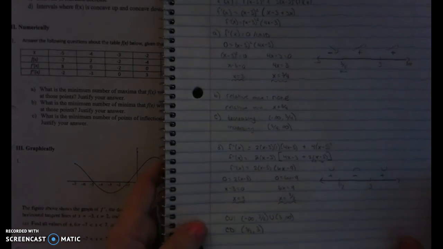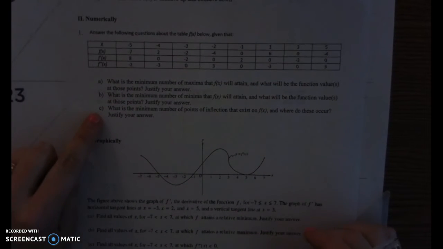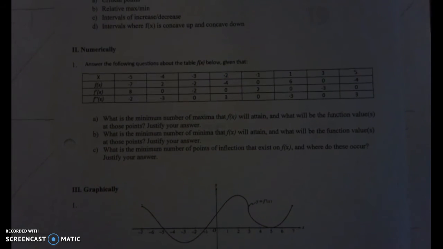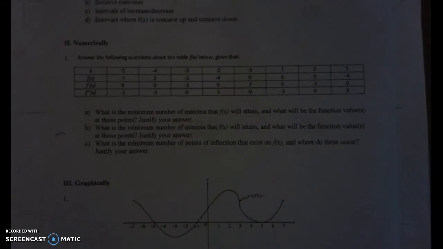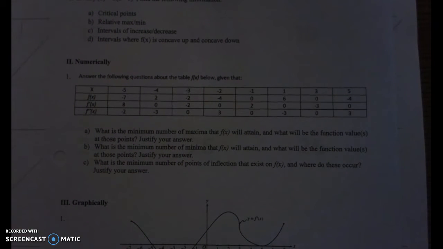Now what we're going to do is look at the second part of this, which is numerically. So a little bit closer. Fortunately, you guys have this on your own paper. It says answer the following questions about the table f of x below, given that all this information is true.